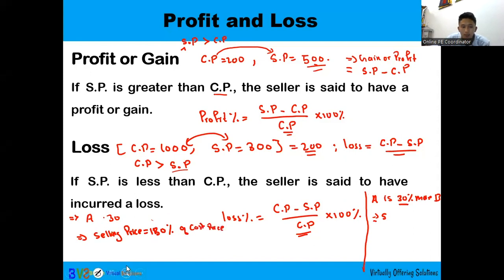The cost price will be, you bring the 130 to the other side: cost price will be 1 divided by 130% of selling price. All right. That is the relationship, but when I solve the question you will be able to understand this. So let us move on with the problem solving.